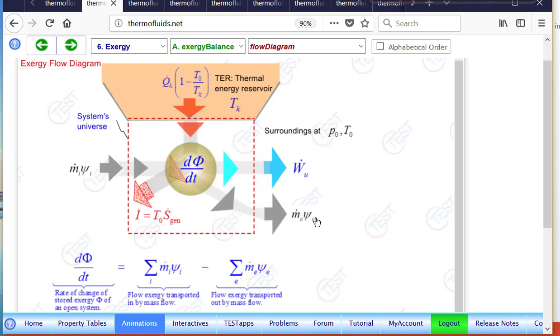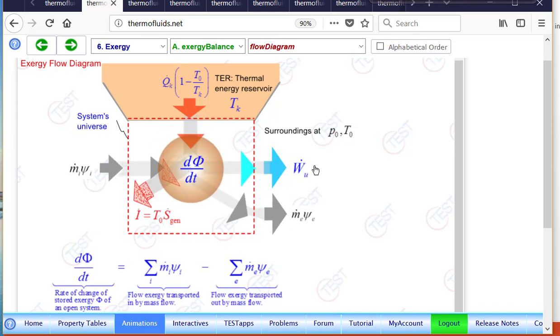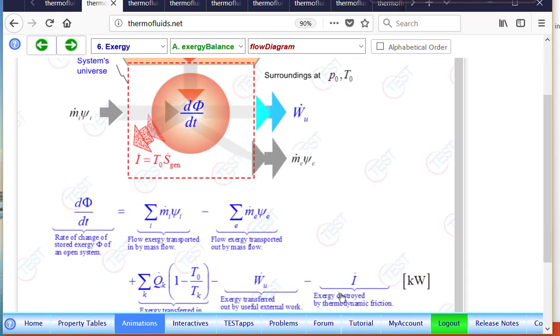These are called transport terms. Exergy can enter because of heat transfer at a temperature higher than ambient temperature. Also, exergy can be taken out by useful work. Of course, that's pure exergy. So a balance of that is shown by these differential equations, and this equation is integrated for a closed process.